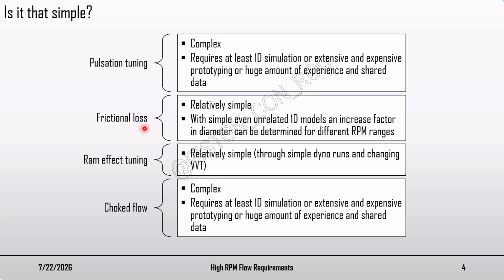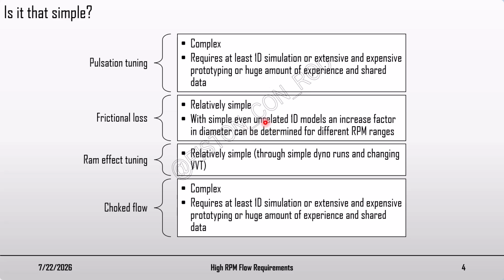For frictional loss, it would be very simple and easy to find the best values. If you have access to 1D simulation packages, you can find the best values for your engine even if that model is not related to your engine.